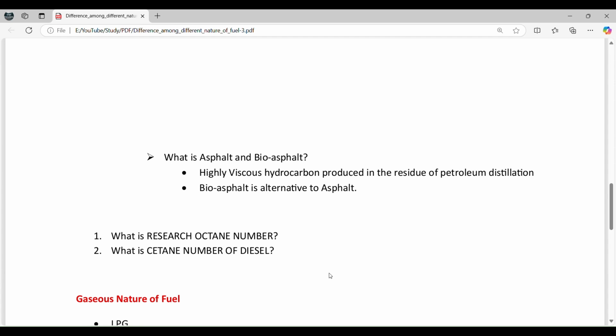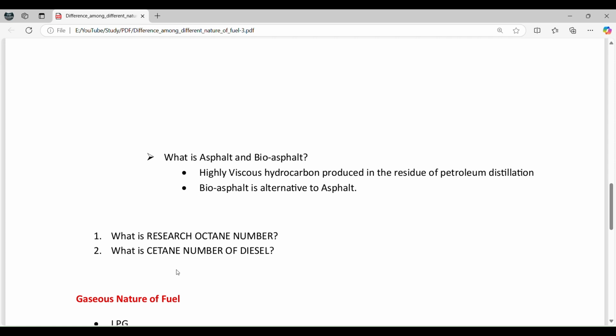These sources include sugar, molasses, rice, corn, potato, starch, gum, resins, latex, vegetable oil, cellulose, etc. Actually, bioasphalt is eco-friendly and is also used in road construction. So, asphalt is brown or black in color.